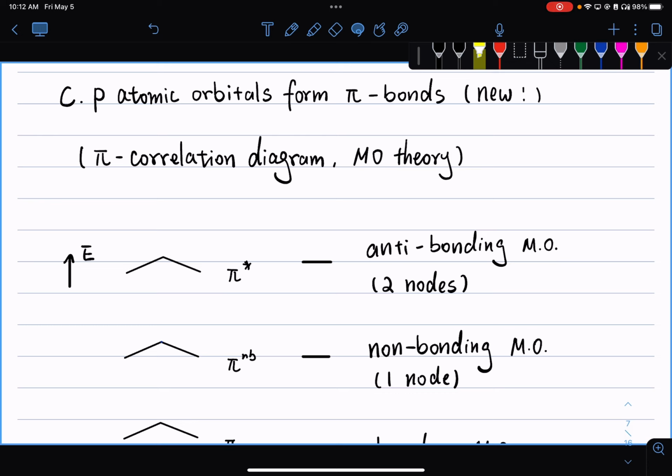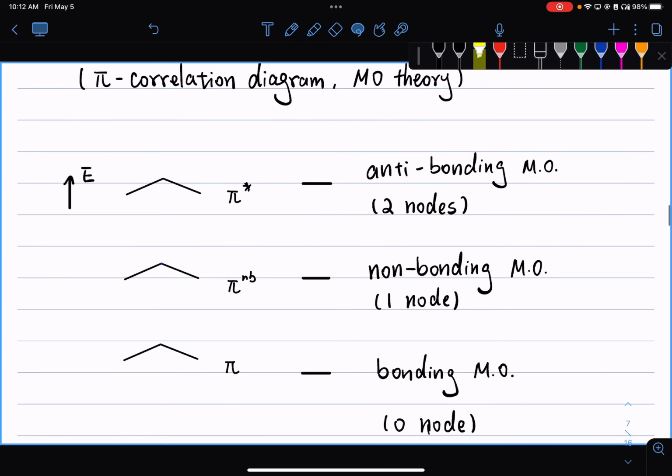We start from three atomic orbitals and end up with three pi molecular orbitals. So how are we doing that? This is the general molecular skeleton we talked about. We have a total of three p atomic orbitals, one from each carbon. So when we're sketching, let's just draw these p atomic orbitals.